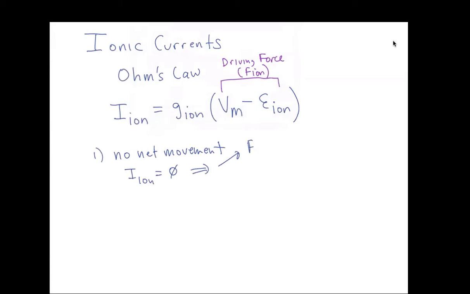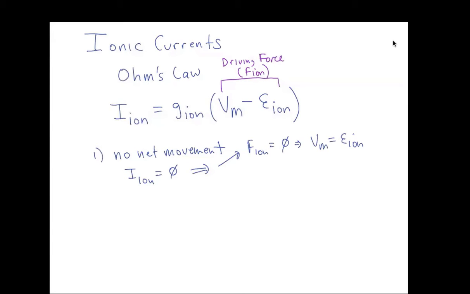One is the driving force of the ion equals 0, and that would mean that the Vm is equal to the E ion, right? So if the membrane potential is at the equilibrium potential for that ion, the driving force is 0, and there will be no driving force.